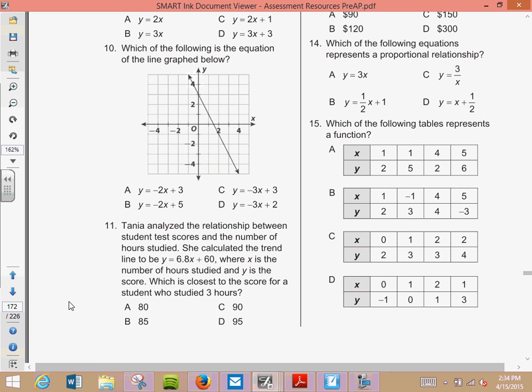All right, the next one. Which of the following equations represents a proportional relationship? Which one represents a proportional relationship? C? Why is it A? There is no B. What is C? It will make it a fraction.